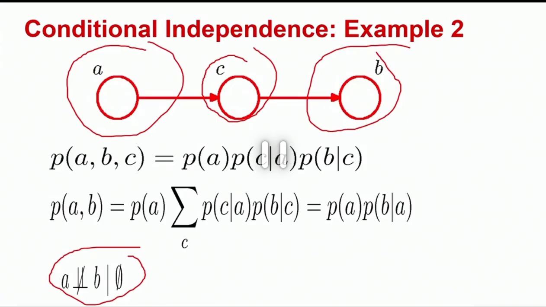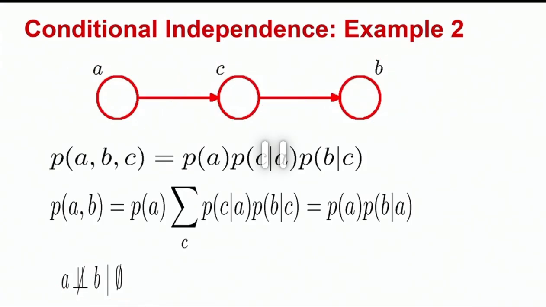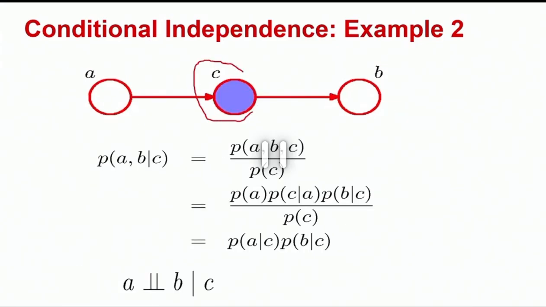But if I now observe, let's see, now I shaded that, which means I'm observing C. When I observe C, what is going to happen? They're going to be independent. Look at that. A and B are independent, given that I have observed C. If I don't observe C, they're actually going to depend. Does that make sense? Okay, I'm moving now.